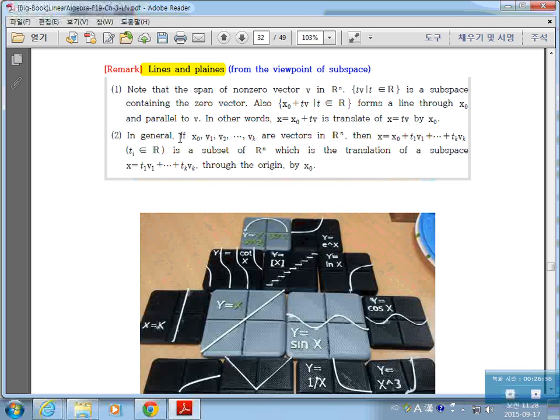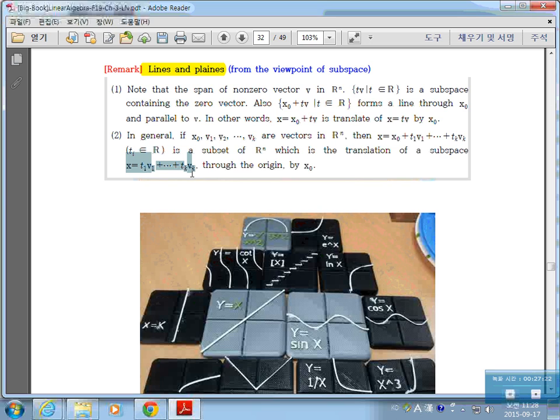But in general, if these are vectors in Rn, then x, the linear combination of these vectors, is a subset of Rn, which is a translation of a subspace, which is this, through the origin by x0. So this is what this means.